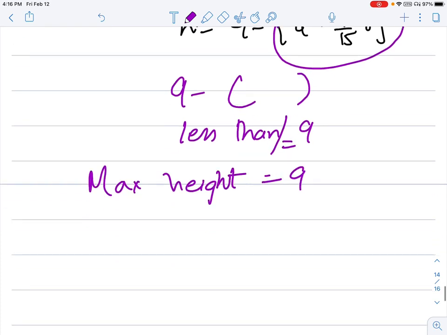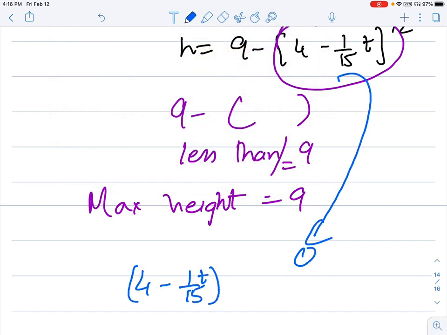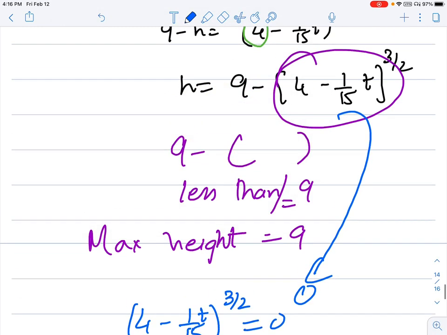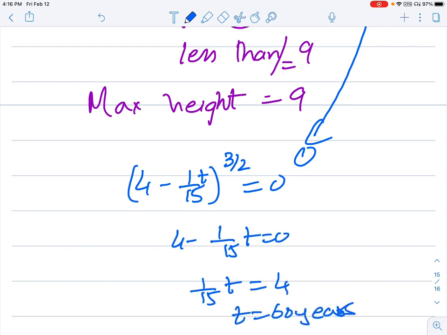This maximum height is reached provided this bracket value is equal to 0. So 4 minus 1 upon 15 t should be equal to 0. 1 upon 15 t should be equal to 4. T is equal to 60 years. Don't forget to write the units.